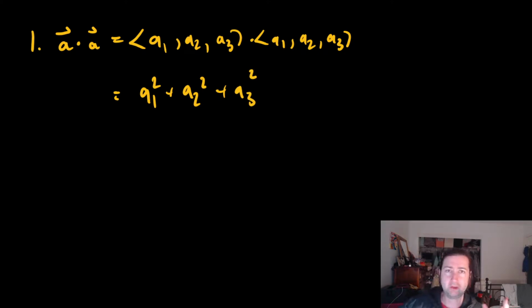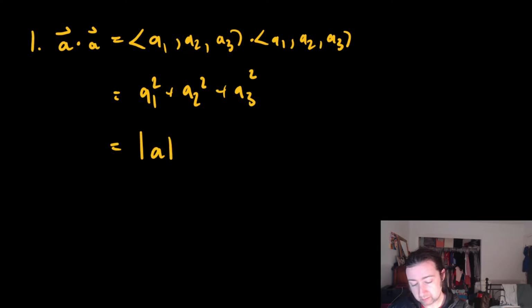You should notice that that looks like the sum underneath the square root in the formula for the magnitude of a vector. Indeed, this is the magnitude of A squared. So there's an arithmetic trick here where I can use dot products to represent the length of a vector.